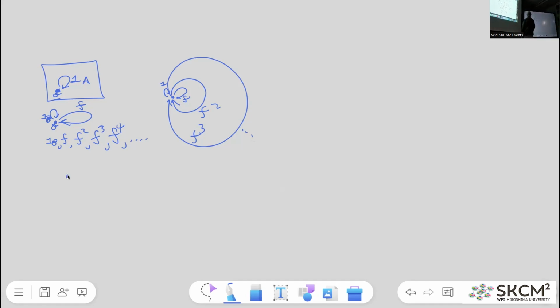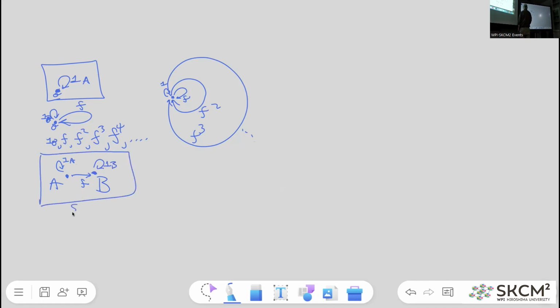On the other hand, if I told you that I had a category where I have objects A and B and a morphism F from A to B, and we have the identity on A and the identity on B, then this is finite. The morphism set here is the identity on A, the identity on B, and F. That's all there is. Here it's an infinite set of morphisms. Here it's a finite set of morphisms.